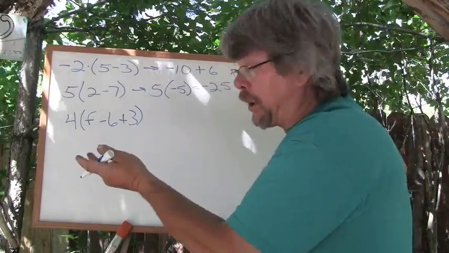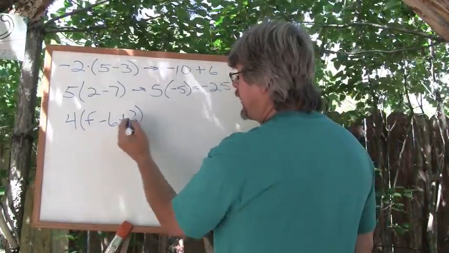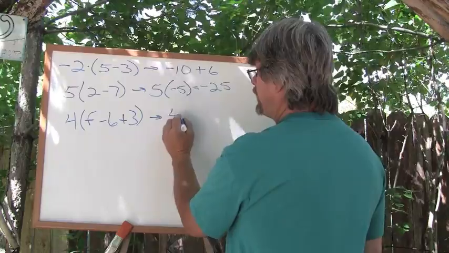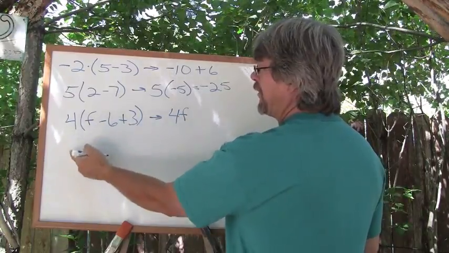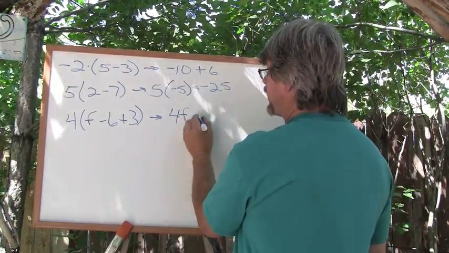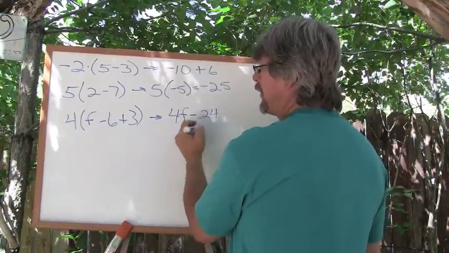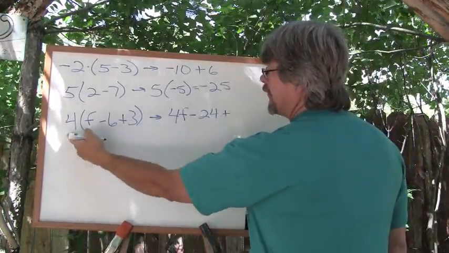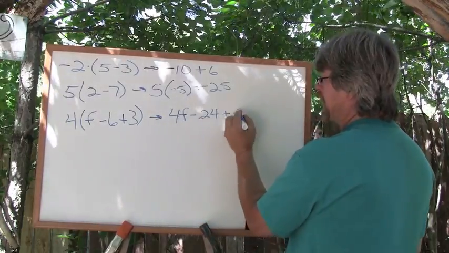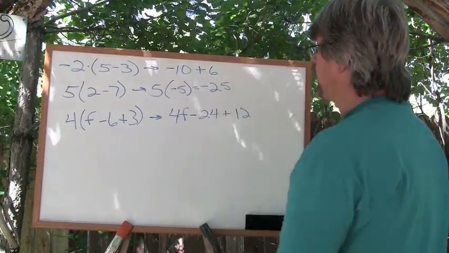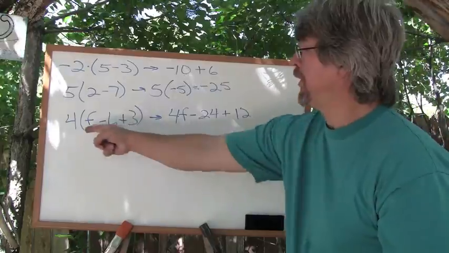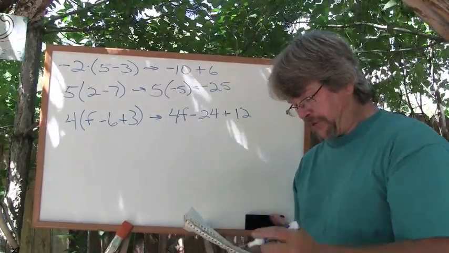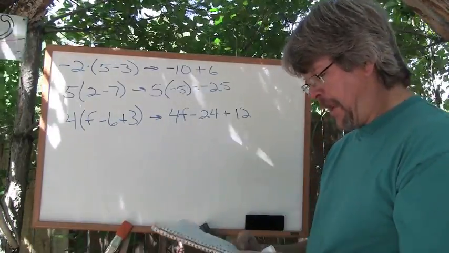You simply multiply them together. 4 times F is 4F, minus 4 times 6 is 24, minus 24. 4 times positive 3 is positive 12. And there's your answer: 4F minus 24 plus 12. It's really, truly not that difficult.